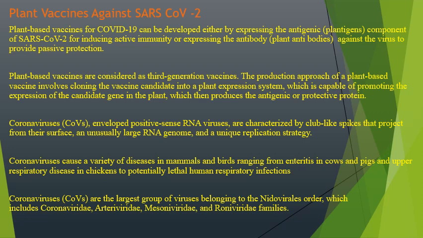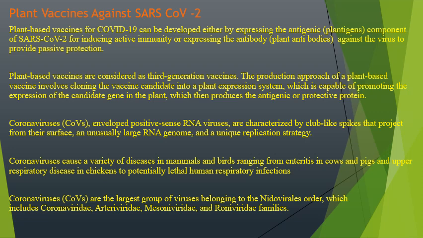Plant-based vaccines are considered third generation vaccines. The production approach of a plant-based vaccine involves the cloning of the vaccine candidate into a plant expression system, which is capable of prompting the expression of the candidate gene in the plant, which then produces the antigenic or protective proteins.